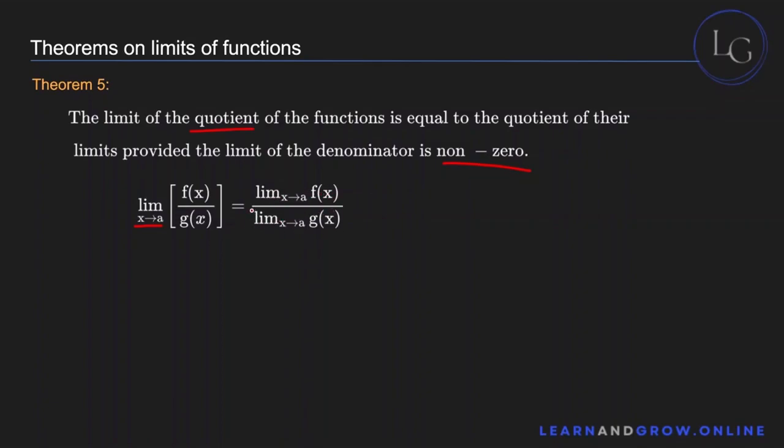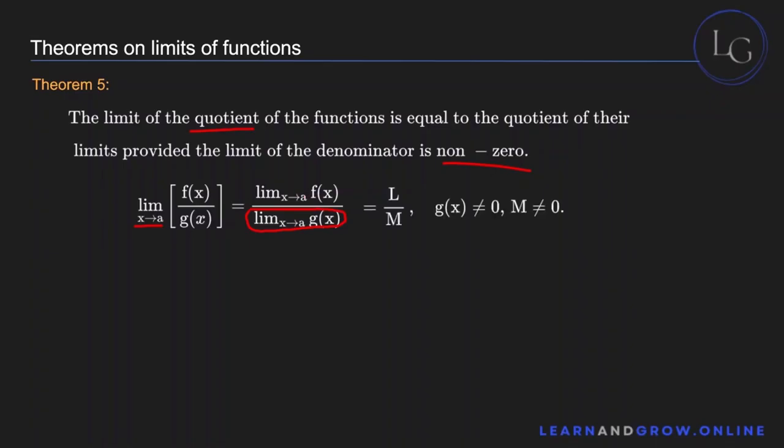But you have to remember that this term here cannot be 0 for this particular theorem, right? Because once you have a 0 in the denominator, the term itself does not have any value. It becomes infinity. It gives you a math error.